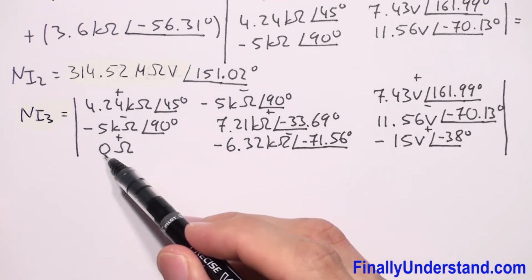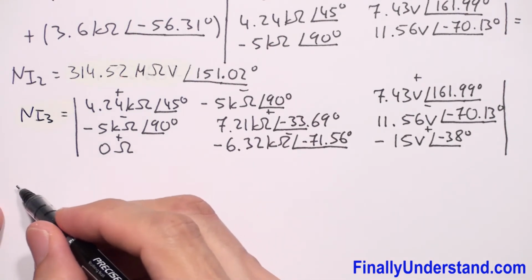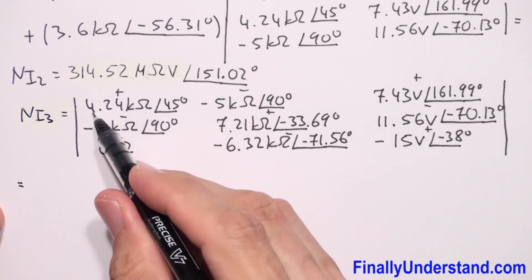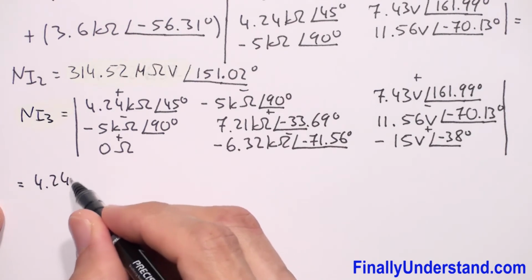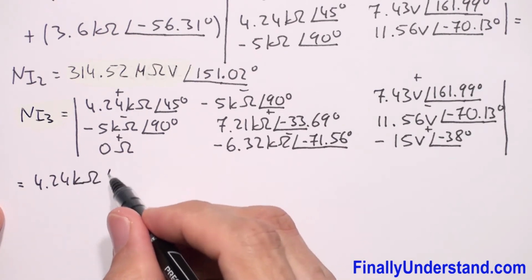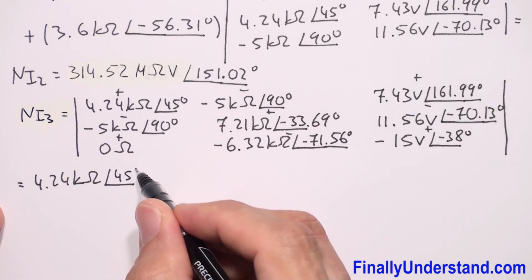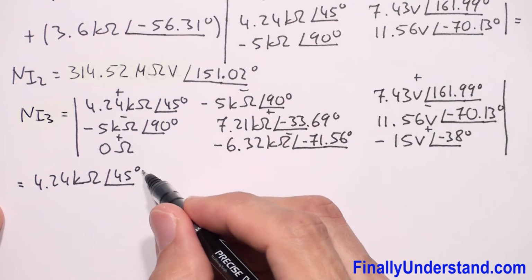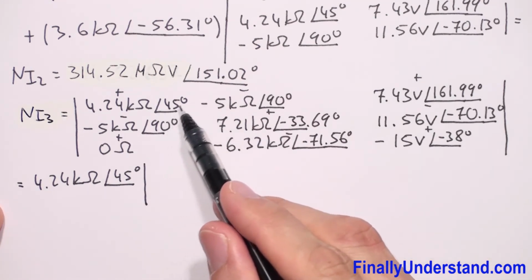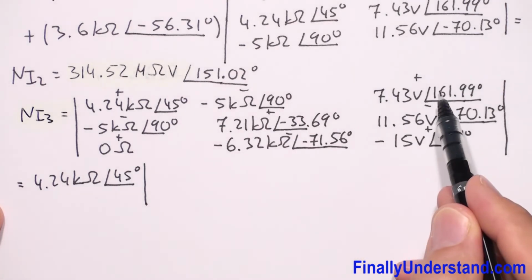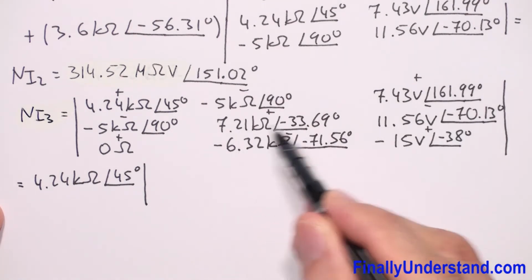Why from the first column? Because I have 0 over here. So I'm going to write that this is equal to 4.24 kilo ohms and angle of 45 degrees, times, and in this case, keep in mind I cannot use anything else from this row and this column, so I'm supposed to copy down basically these 4 values.